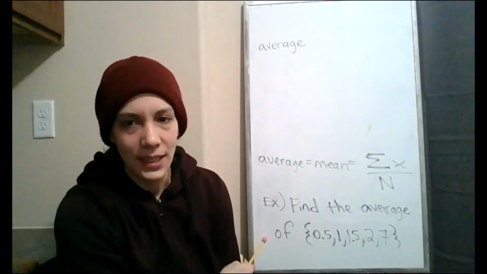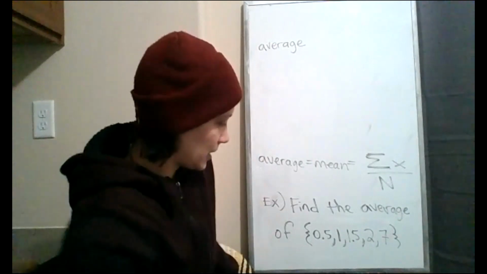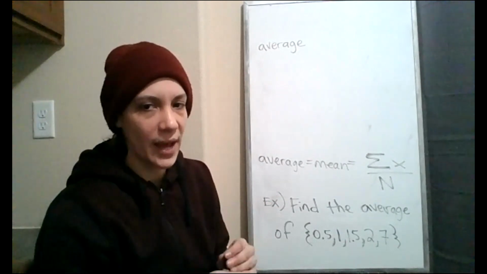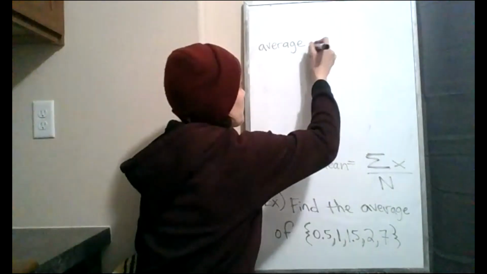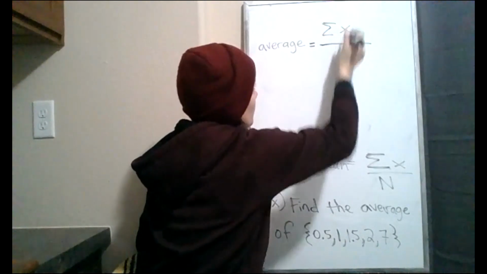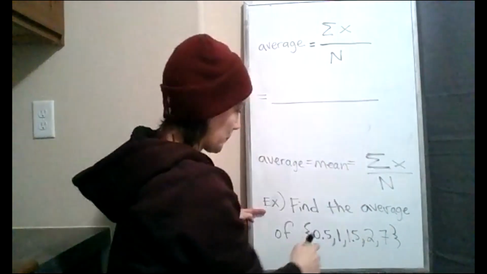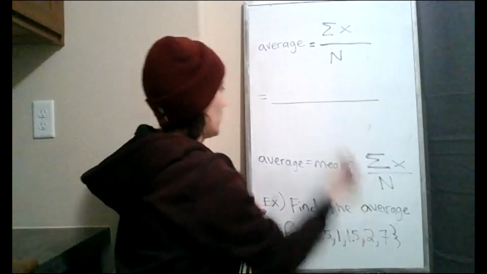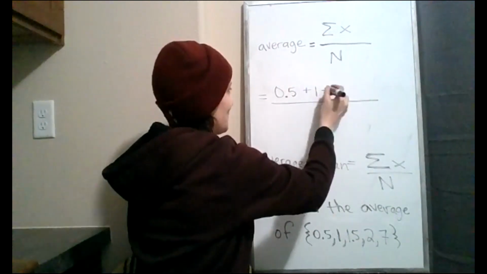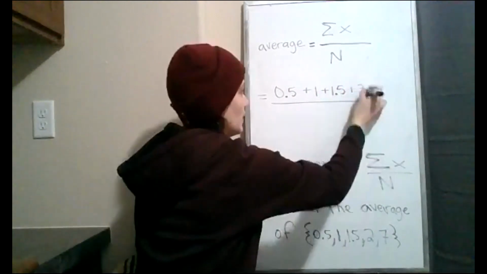Let's do this one carefully then. So 0.5 plus, well, actually, we'll write the symbols first. Sum all x values and divide by the number of values that you have. 0.5 plus 1 plus 1.5 plus 2 plus 7.